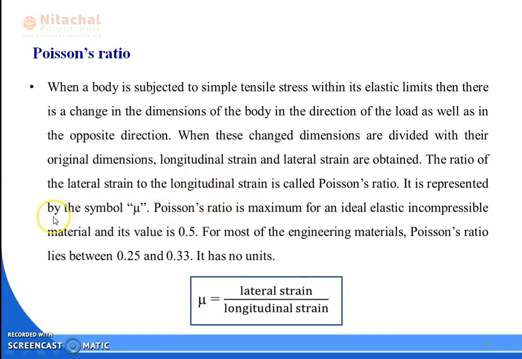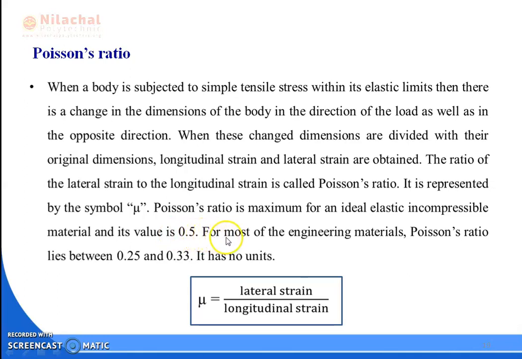It is represented by the symbol mu. Poisson's ratio is maximum for an ideal elastic incompressible material, and its value is 0.5.